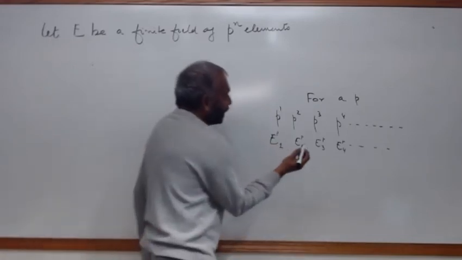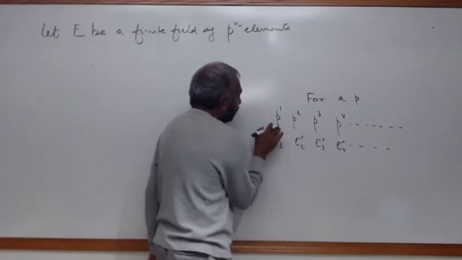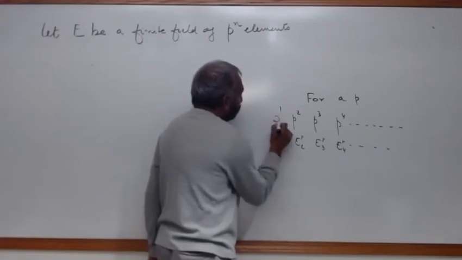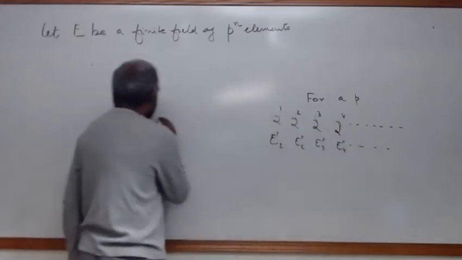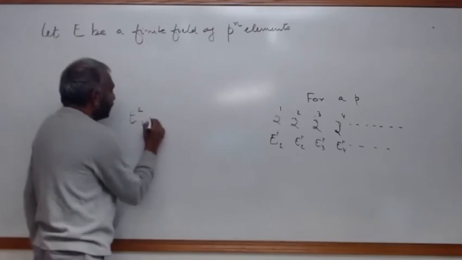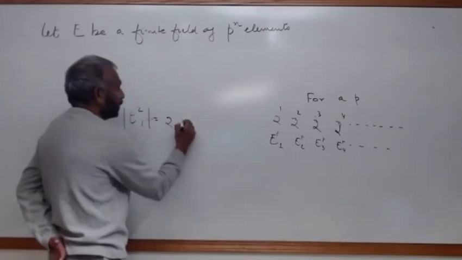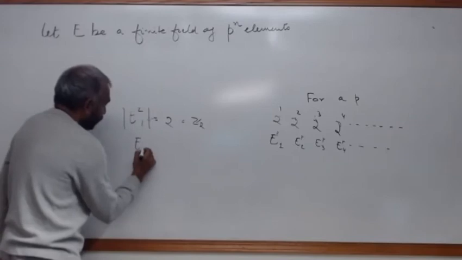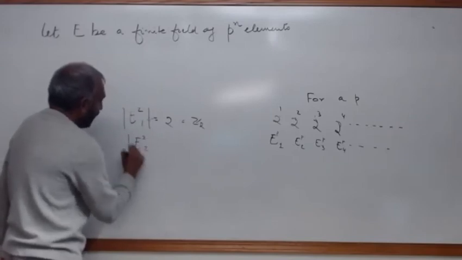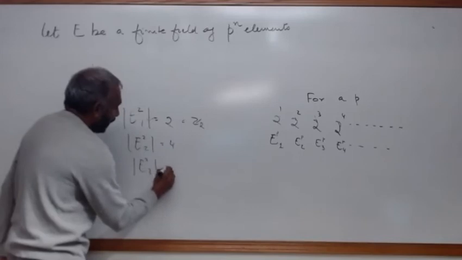But that doesn't mean that, for example, let's take p equal to 2. Then E1 contains 2 elements, and that is actually Z2. E2 contains 4 elements. E3 contains 8 elements.